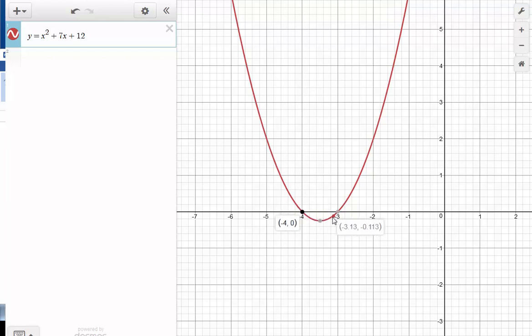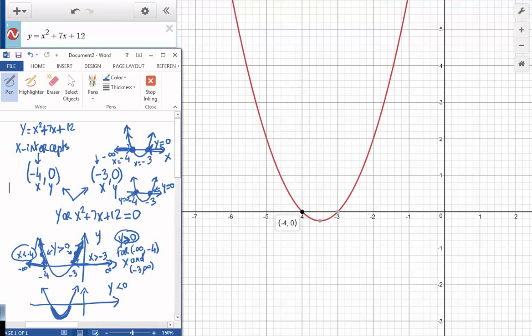If you keep your x values between -4 not included and -3, then look at the second entries of those points. You have y values that are negative. So that's exactly what we notice over here.